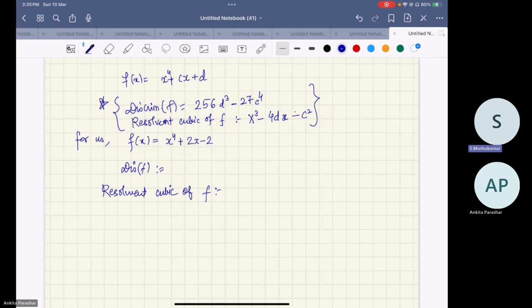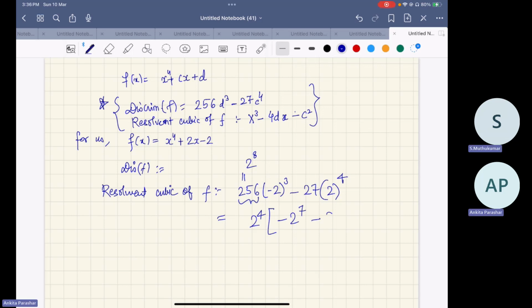Okay, discriminant: 256 into 1 cubed, minus 2 power 8 times 256 cubed, minus 27 into c power 4. Now this is 2 power 4, so 2 power 8, which is 128 when simplified.